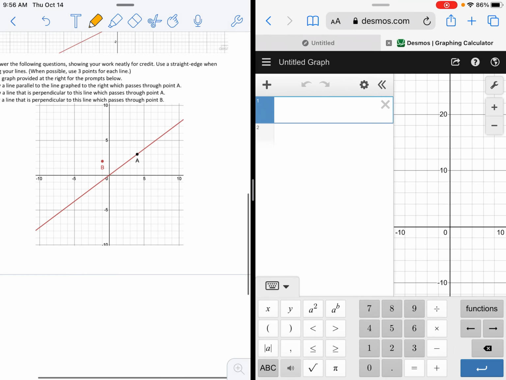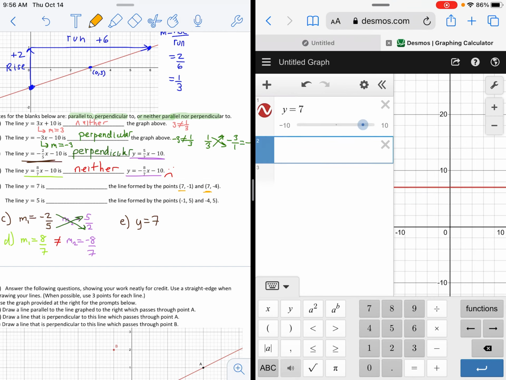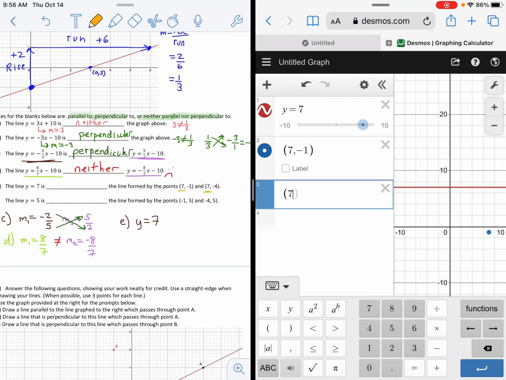So when in doubt, maybe just plug it in. I'm going to plug in these 2 points: 7, comma, -1, and then 7, comma, -4.